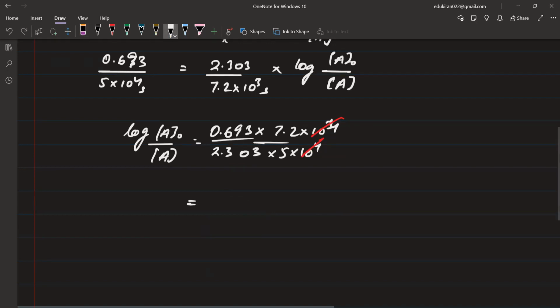Okay, so this value is coming out to be, this is having 11.5 and this is 4.9. So when I divide both of these, 4.98 divided by 11.5, right?